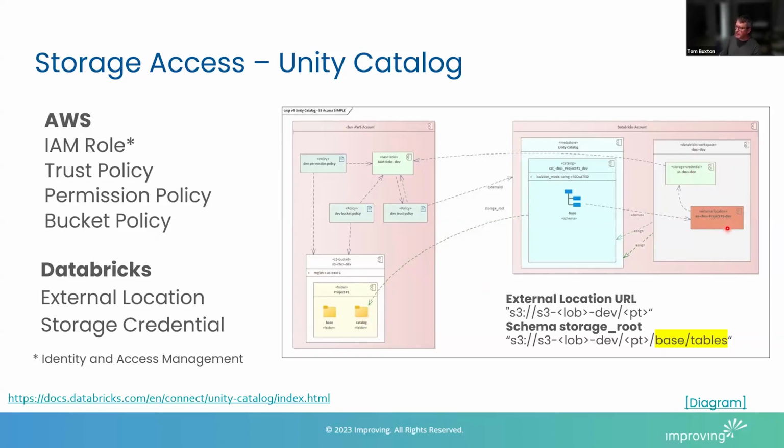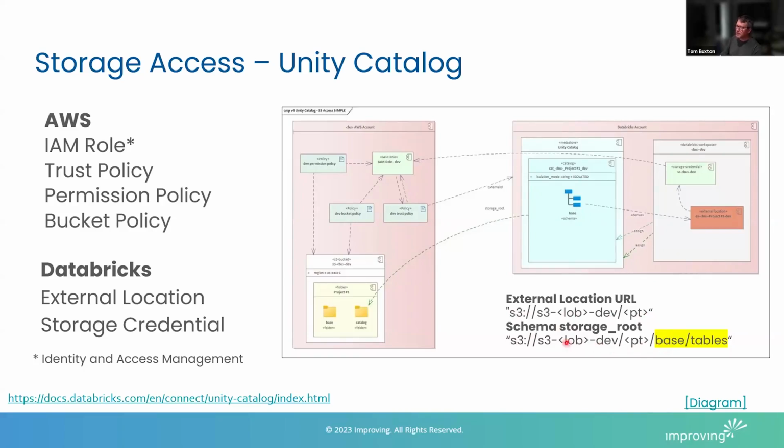Now, we can make things simple for ourselves, relatively speaking, by using an external location that just maps to this upper level PT folder, our project team folder within external storage. And then when we define a specific storage root for a schema, in this case base, we reference this one, which is part of the storage credential, but also tag in the subfolders that we need.